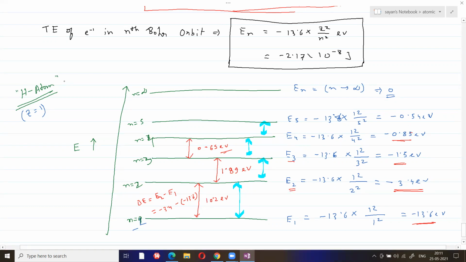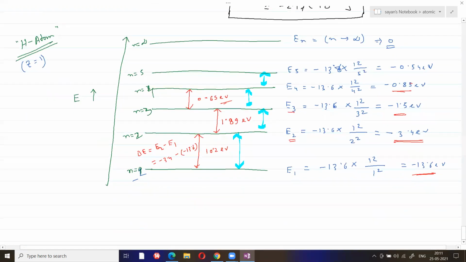Now look, when the electron is present in the n equals 1 state, this state is called the ground state. Now when the electron jumps from n equals 1 to n equals 2, this state is called the first excited state.